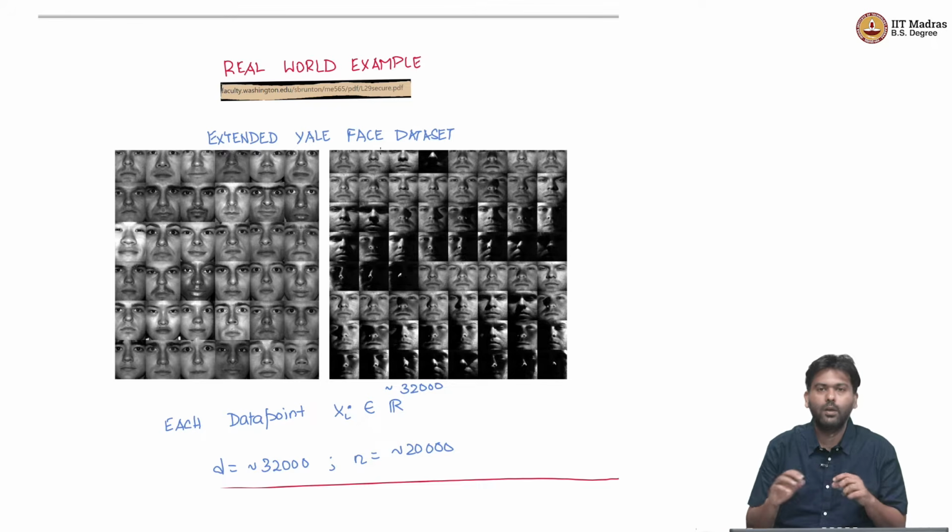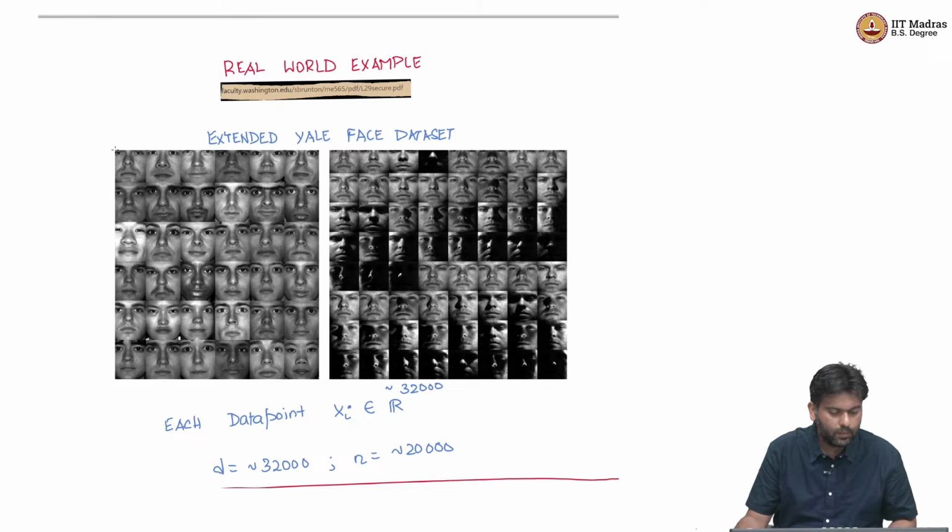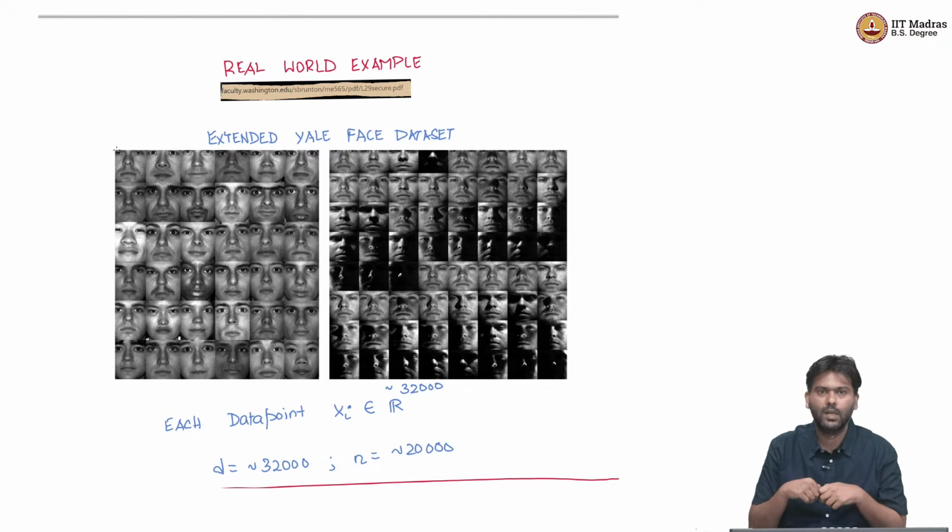Now, how do you convert an image into features? The way this is done for the YALE dataset is a very simple idea. You treat the image itself as a bunch of pixels. Each image is an m cross n matrix of pixels, and each pixel value is a grayscale value, some number between 0 and 255.